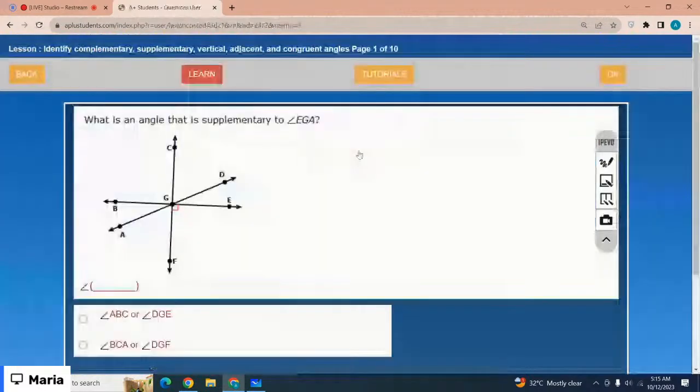Okay, which is an angle that is supplementary to EGA? EGA is the angle, right? You need to find the angle that is supplementary to EGA.